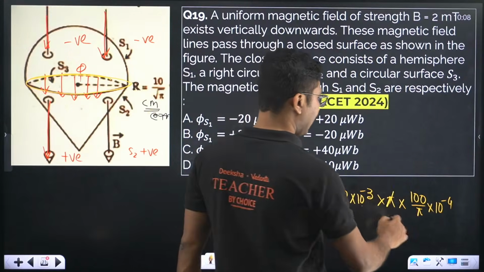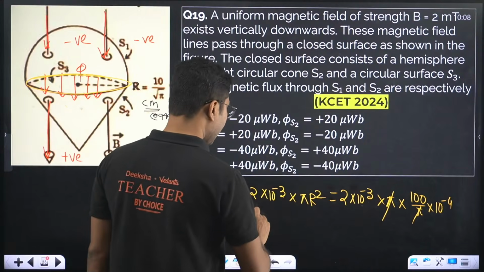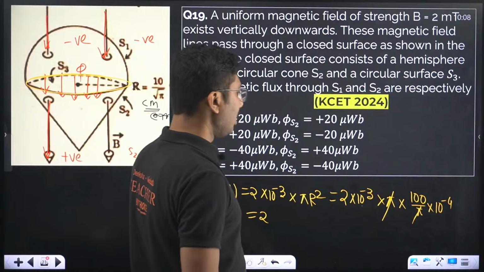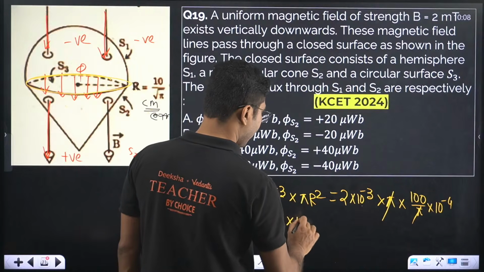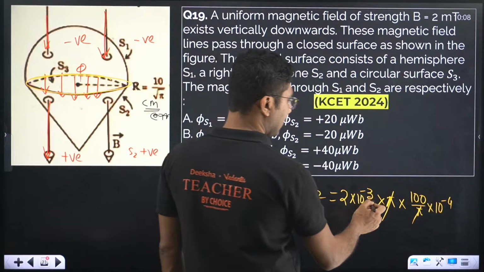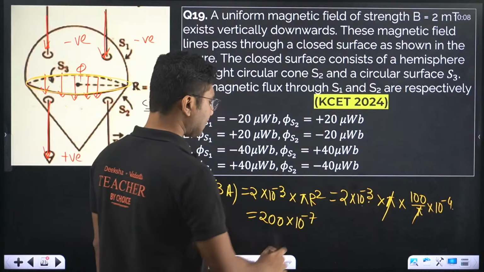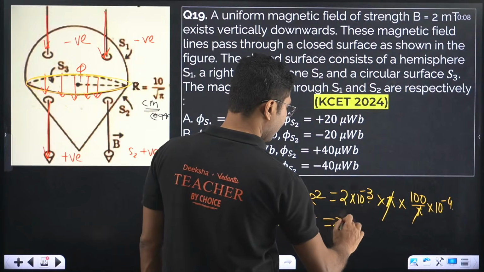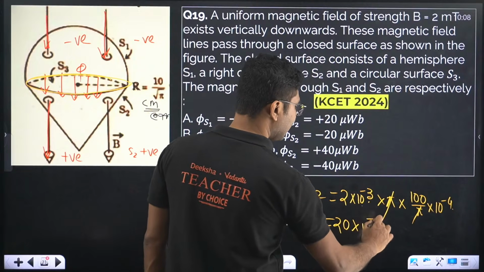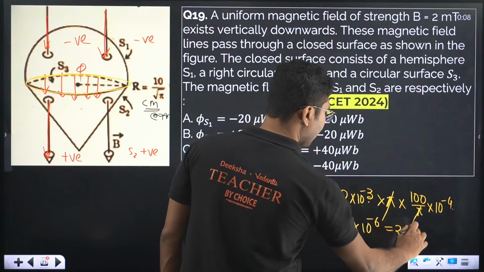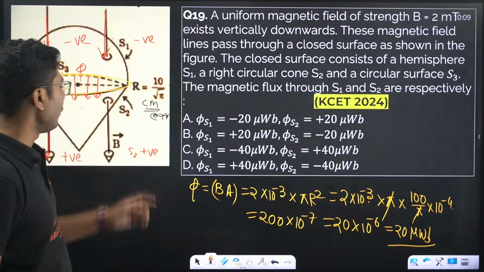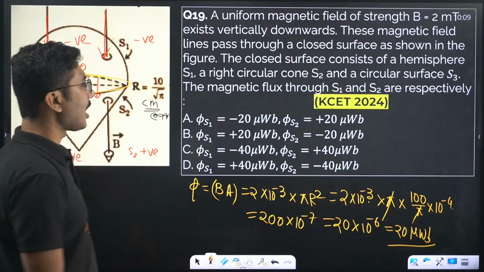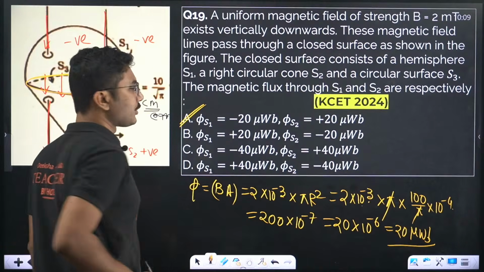Pi cancels, and we get 2 into 100, that is 200 into 10 to the power of minus 7. Minus 3, minus 4, minus 7, that is 20 into 10 to the power of minus 6, that is 20 microweber. So the incoming is negative, outgoing is positive, so option A is correct.